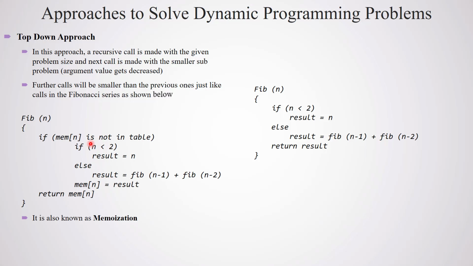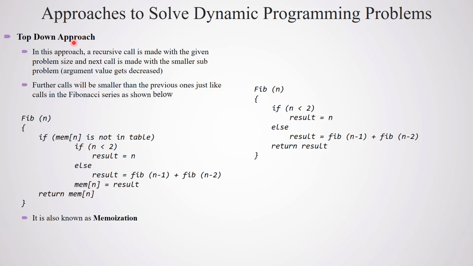These steps are executed only when MEM of n is not in the table, that means MEM of n is nil. The same recursion is written here also, but the result is stored in the array or table. These recursive calls are made only when that particular value is not in the array.